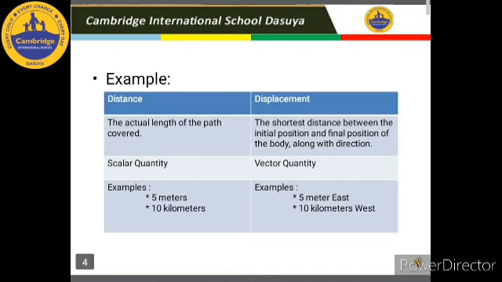Example of displacement, 5 meter east or 10 kilometers west. As here we have included 5 meter, that is magnitude, east, that is direction. So we have both magnitude as well as direction for explaining displacement. Therefore, it is a vector quantity.